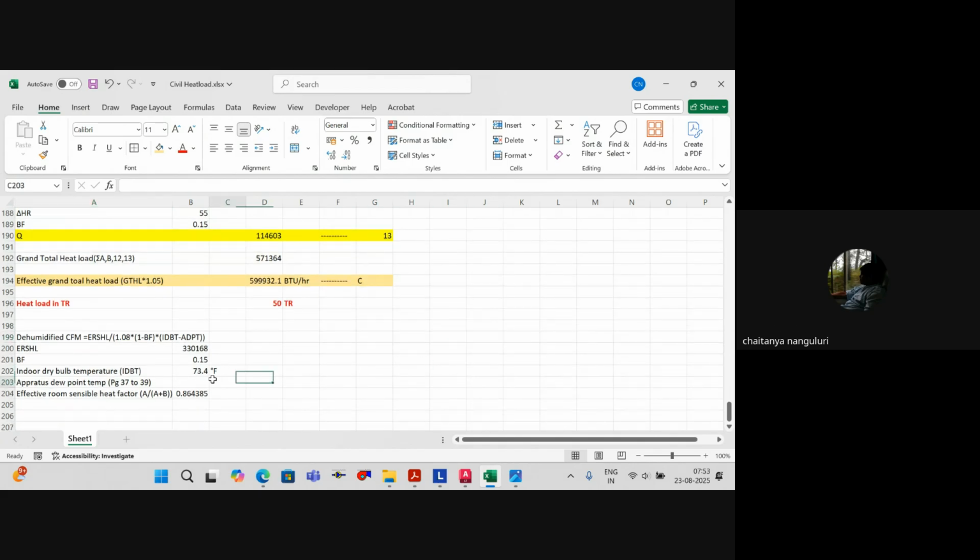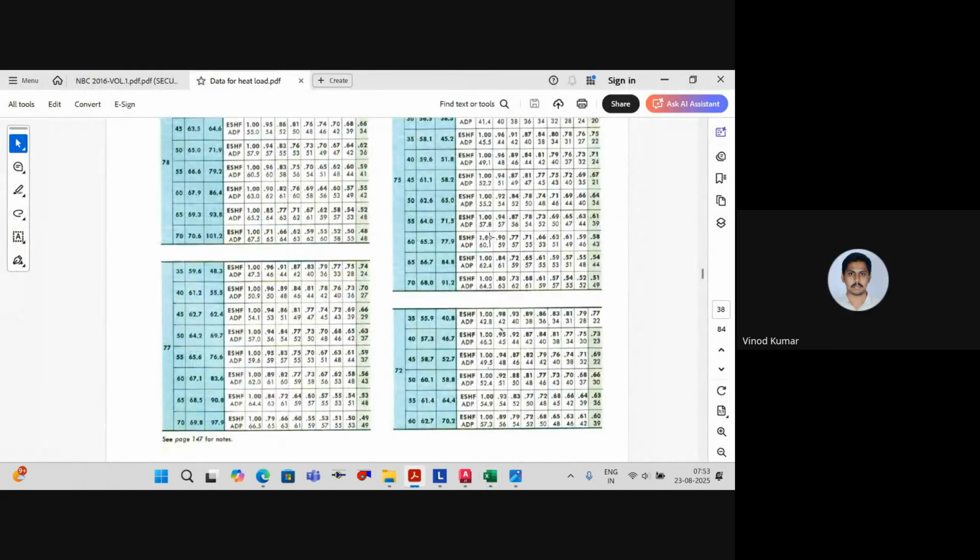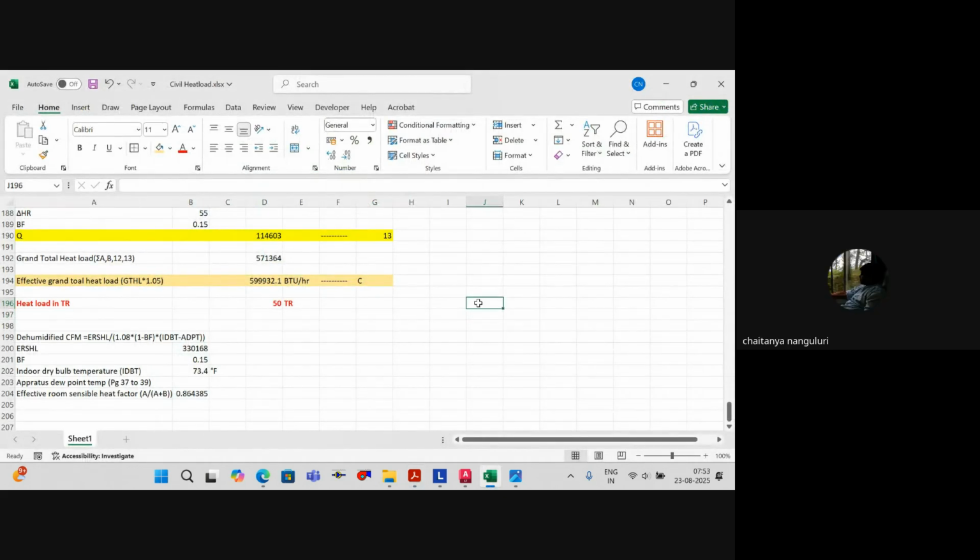So if I want to calculate the apparatus dew point temperature for 75, what is the value? 75 is your dry bulb temperature, DBT, and this is your RH, 50% relative humidity.